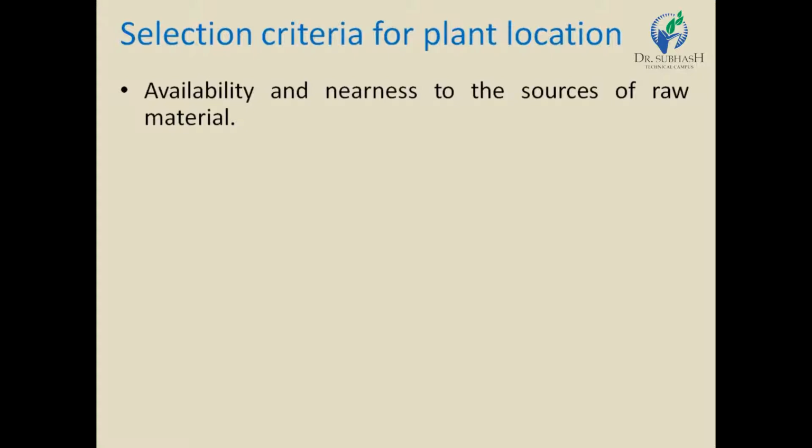For producing any product, they will require raw materials. That raw material availability should be nearer, and there should be enough availability so that raw material transportation cost can be reduced and it can be available in enough quantity.